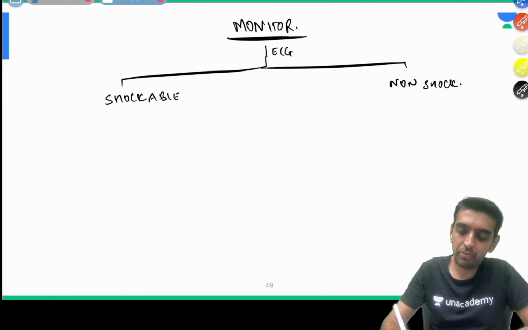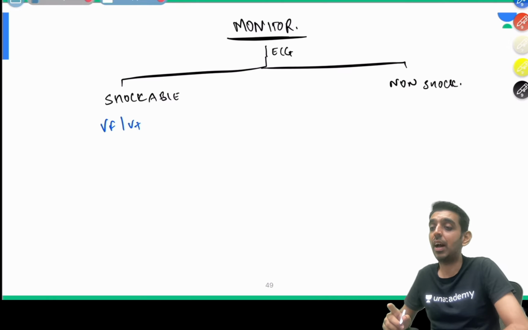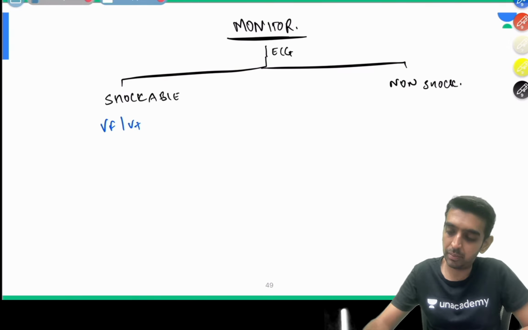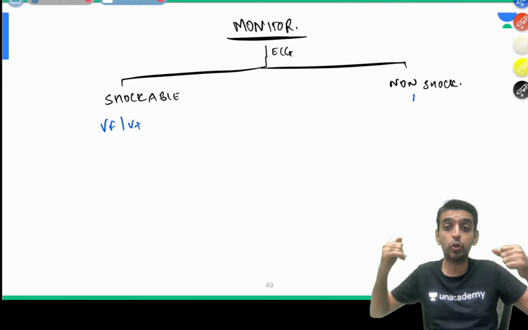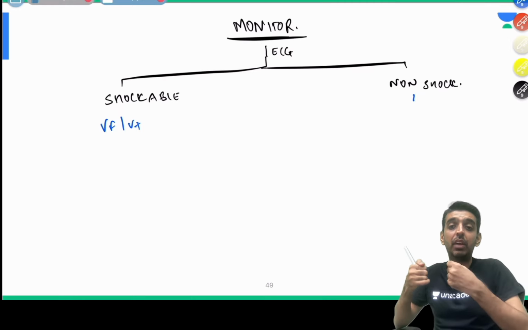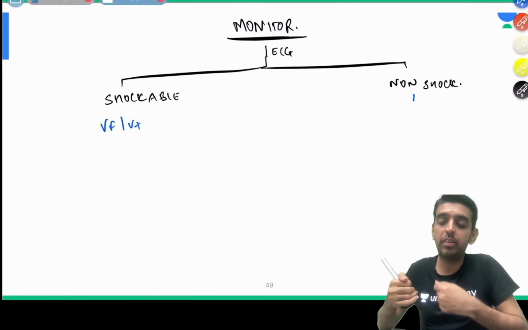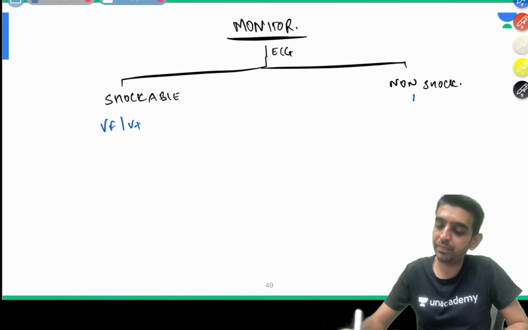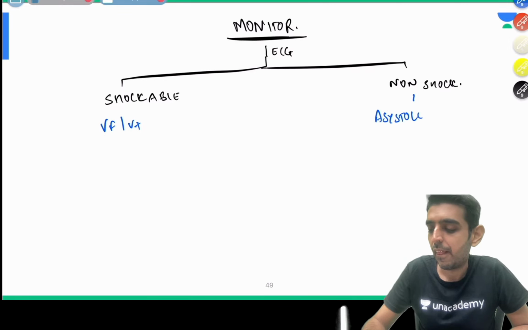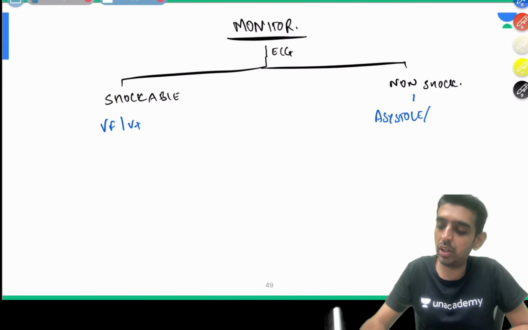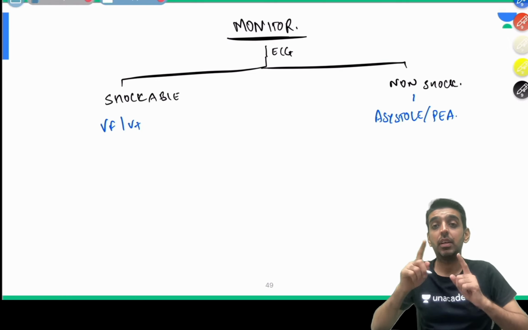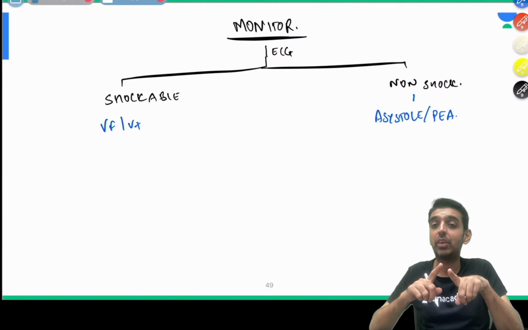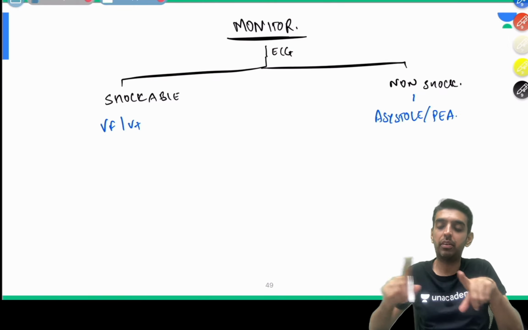It is VF and VT, right? VF and VT are shockable rhythms. What about non-shockable rhythm, guys? Which are non-shockable rhythms in which you cannot give the shock, in which you cannot defibrillate? Which are those rhythms? Asystole and pulseless electrical activity are non-shockable rhythms, right?